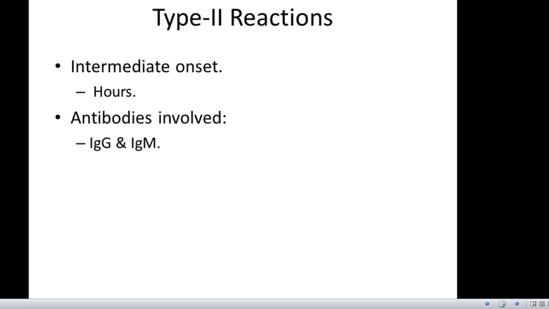The type 2 reactions are intermediate in onset. That is, they take hours for their manifestation. The antibodies involved are the IgG and IgM.